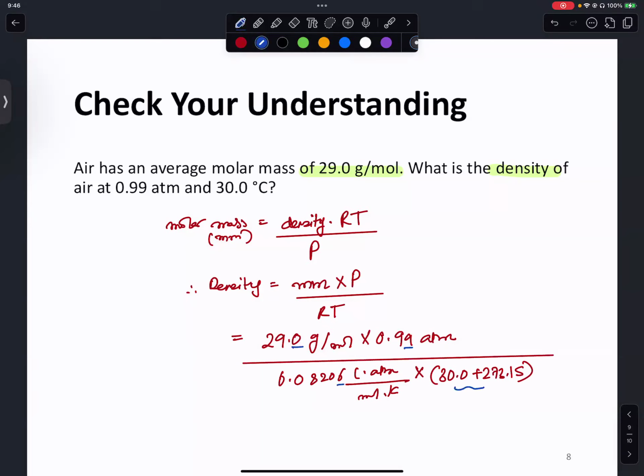And right here, I'm going to end up with 4 sig figs because it has 1 decimal place. Therefore, the lowest is going to be 2 sig figs. And I get 1.1541077 grams per liter. If I round it to 2 sig figs, it becomes 1.2 grams per liter.